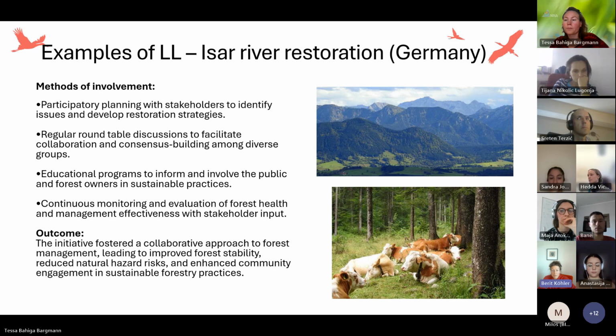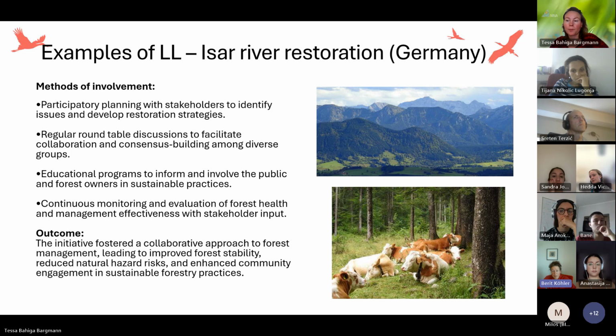They also had here developed educational programs to inform and to involve the public and forest owners in sustainable practices. And they managed to organize a continuous monitoring and evaluation of the forest health and management effectiveness with the help of stakeholder input.